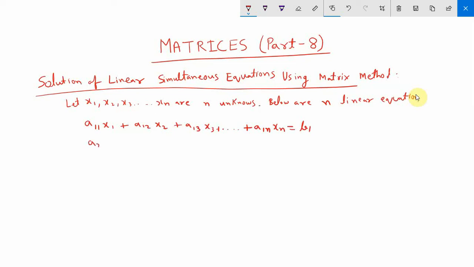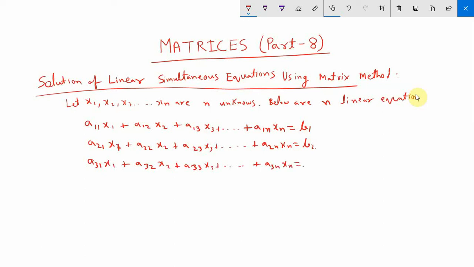The second equation is a21x1 plus a22x2 plus a23x3 up to a2n xn equal to b2. Third equation, a31x1 plus a32x2 plus a33x3 and last a3n xn equal to b3. Okay.